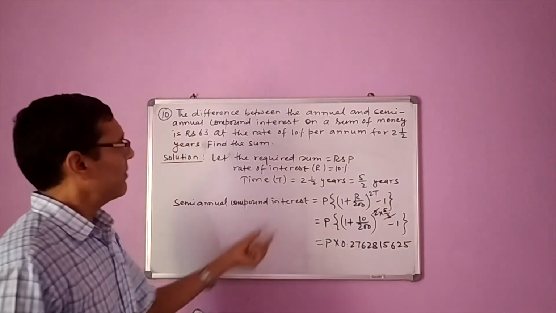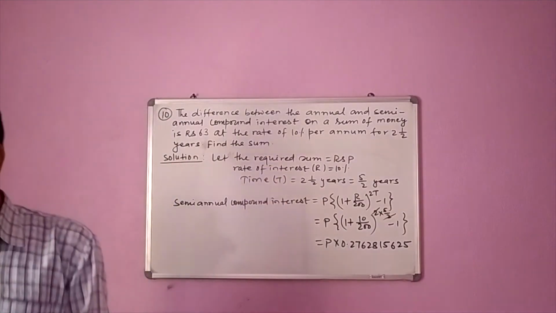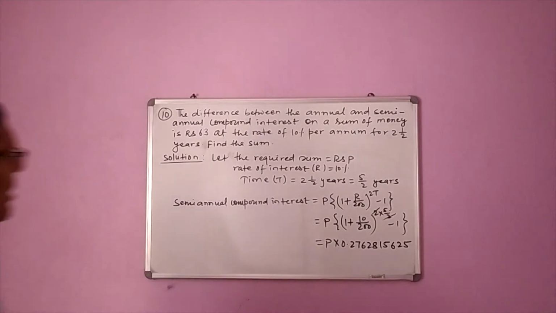Now for the same sum, we find the annual compound interest as well. So what will be the annual compound interest?